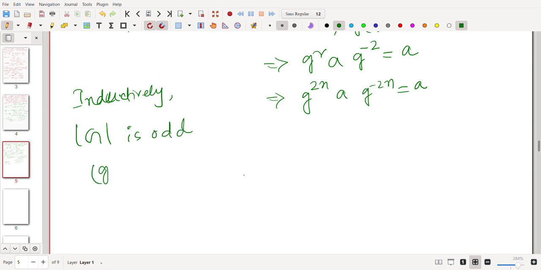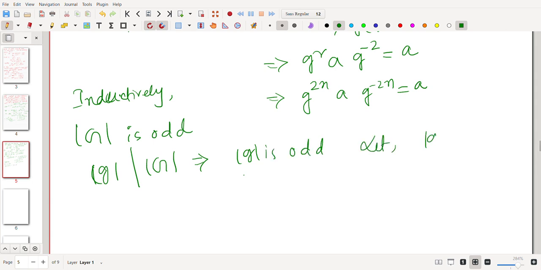The order of small g divides the order of G by Lagrange's theorem, so that will imply that the order of g is odd. Let's assume that the order of g is 2n plus 1 for some n. I can see that g power 2n A g power minus 2n is basically A for all n, right?